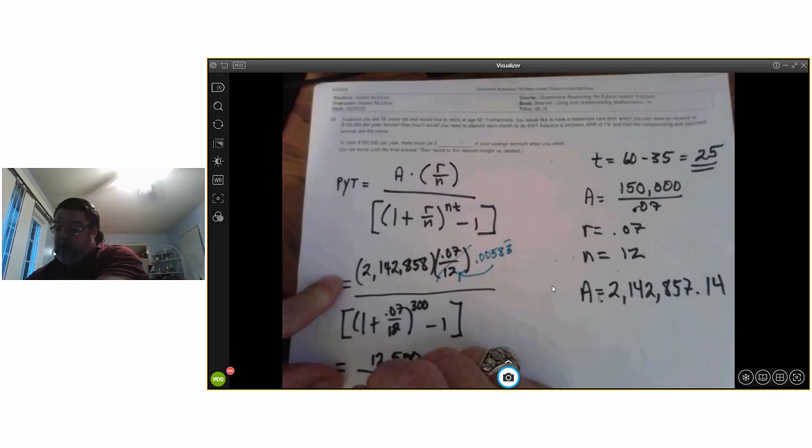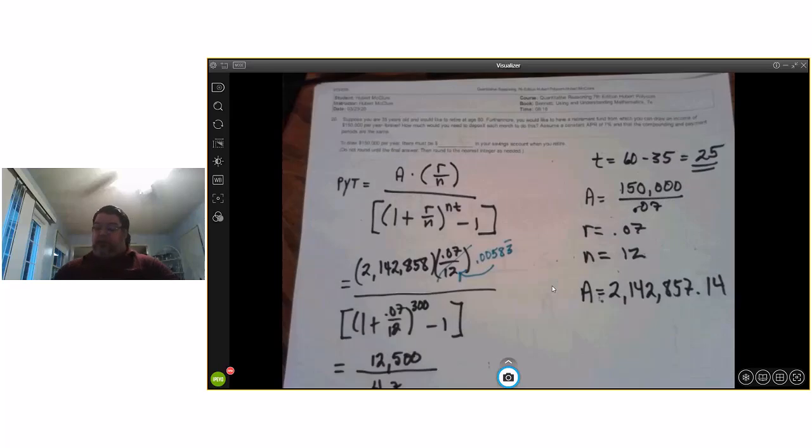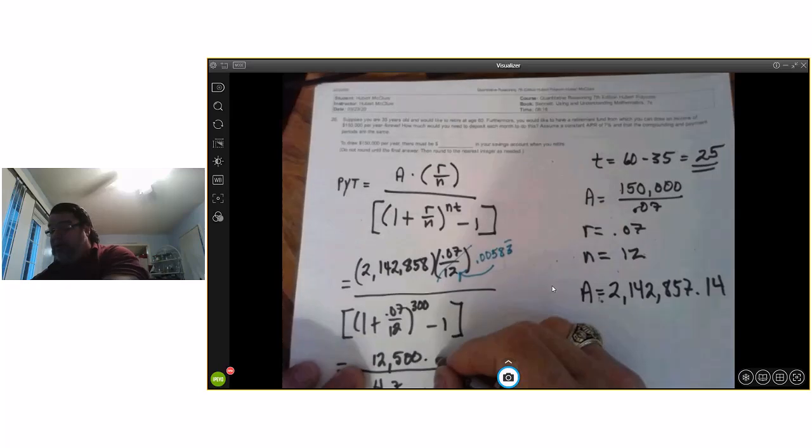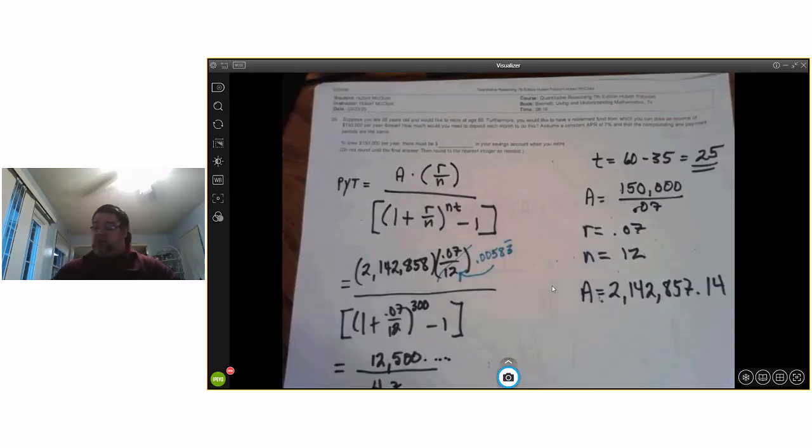Now you want to carry that decimal all the way out. I don't want to say 0.73 because somebody don't carry it all the way out. You want to carry both of these all the way out on your calculator. Okay?